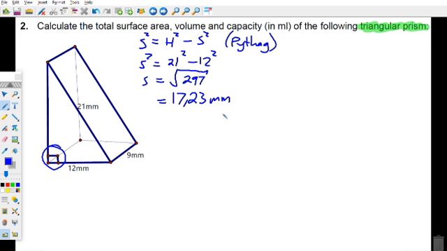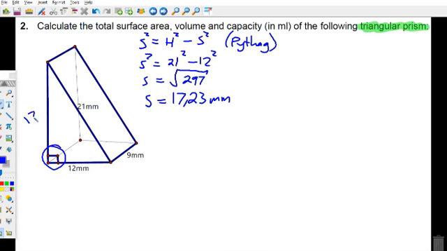No unit, no mark. Millimeters, it's very important. So the perpendicular height we have found here is going to be 17.23.